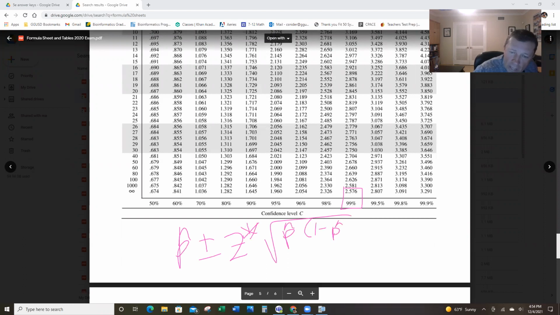We did it in chapter 7 quite a bit. So once again, if you want to be 99% confident, you got to get 2.576 standard deviations on either side of your estimate to cover the possibilities of error that you could have made in your sampling technique. Okay.